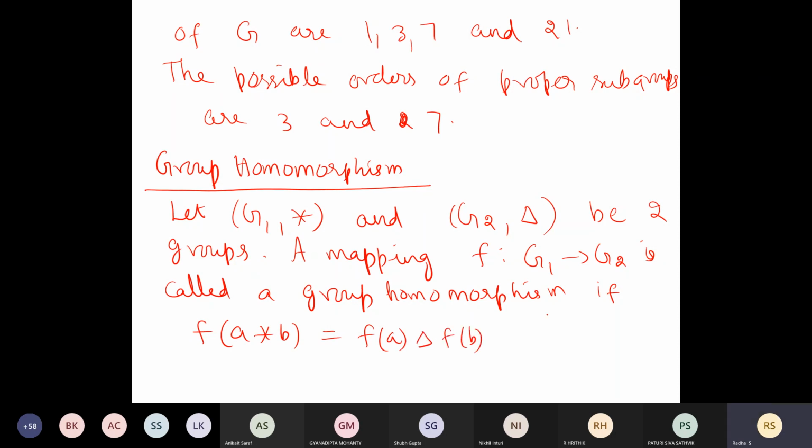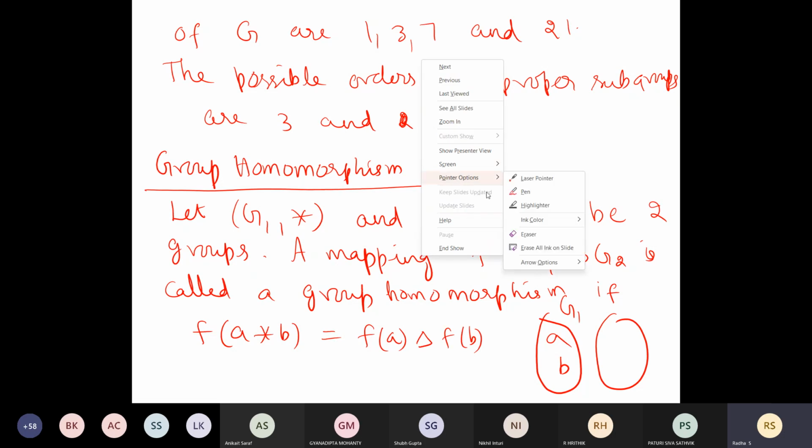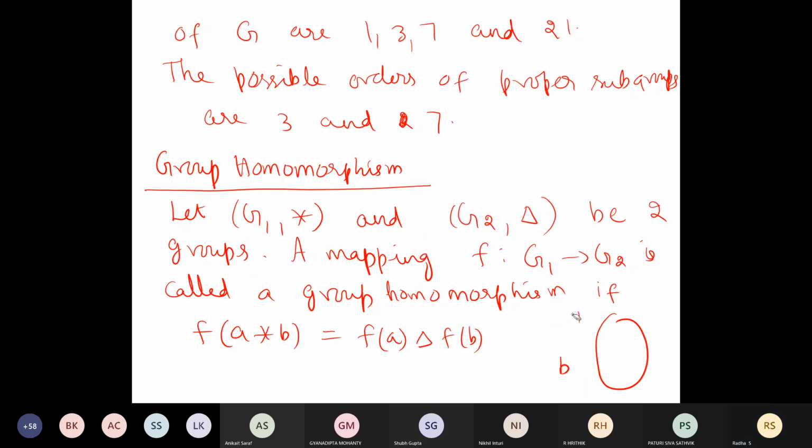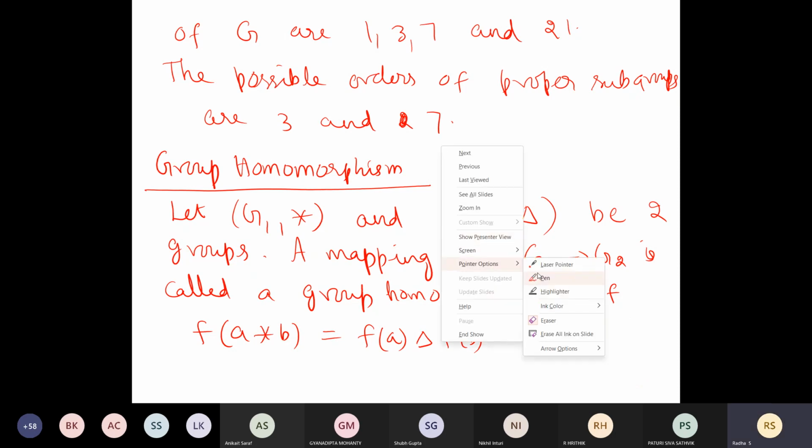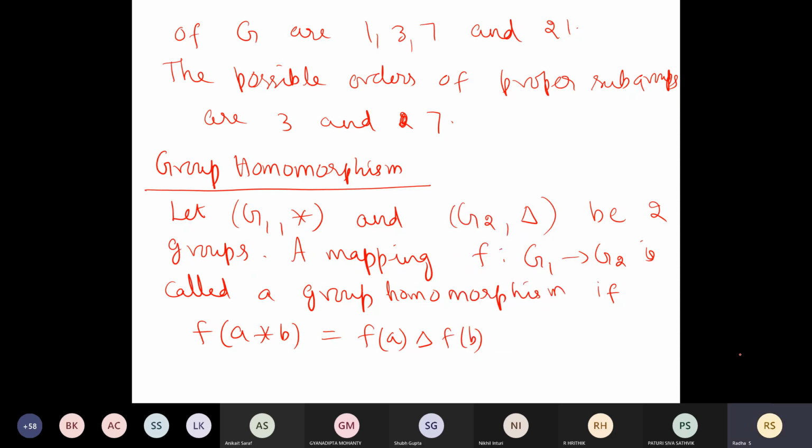One minute here, I'll explain. Here a and b are elements in G1. In G2, the corresponding images will be f(a) and f(b).